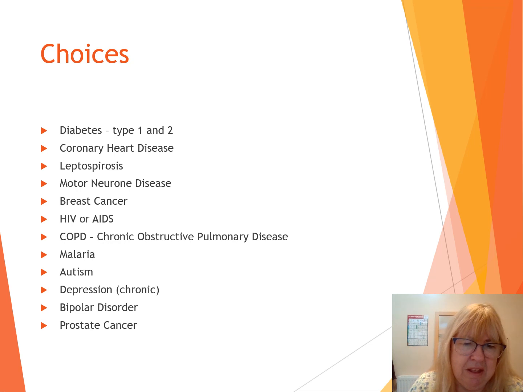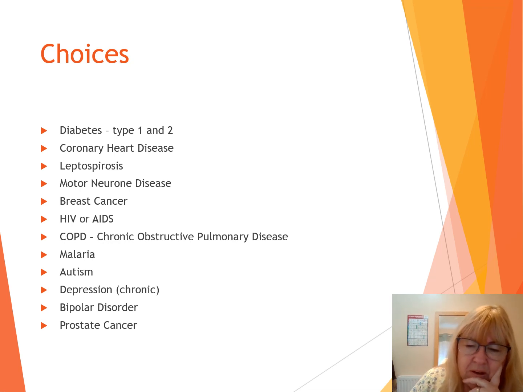Coronary heart disease, leptospirosis, motor neuron disease, breast cancer, HIV or AIDS. You can take it from either way. COPD, chronic obstructive pulmonary disease, covers a lot of lung diseases. Malaria, autism, chronic depression.